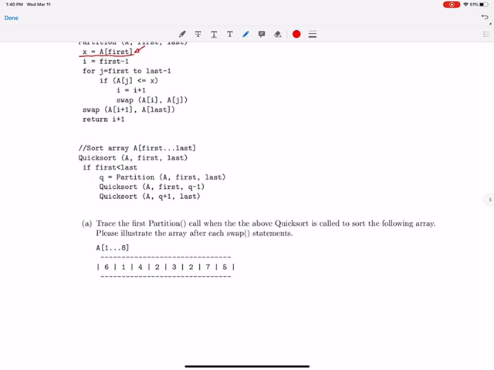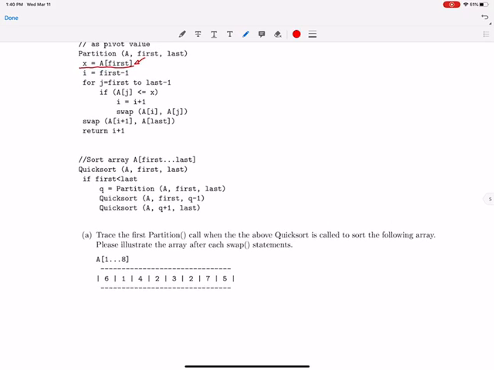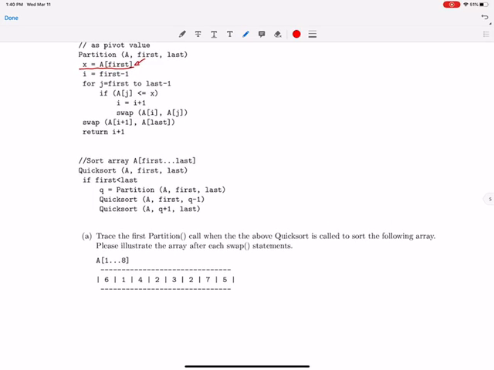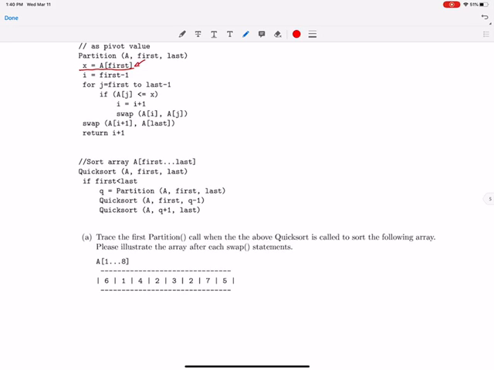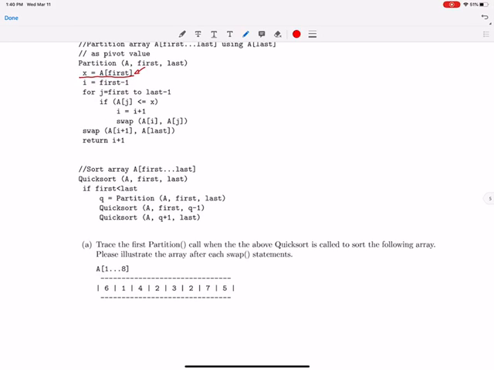Trace the first call to partition when the above quicksort is called to sort the following array. Alright, this shouldn't be too bad. This is our input, and we just want to follow through this first call to partition.